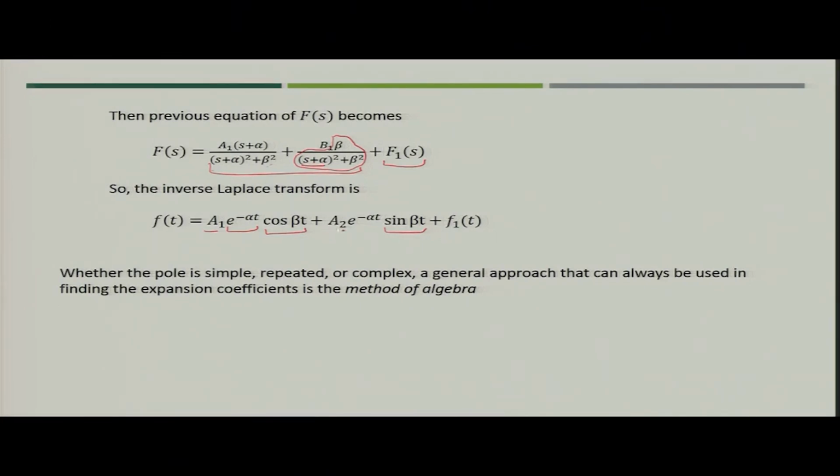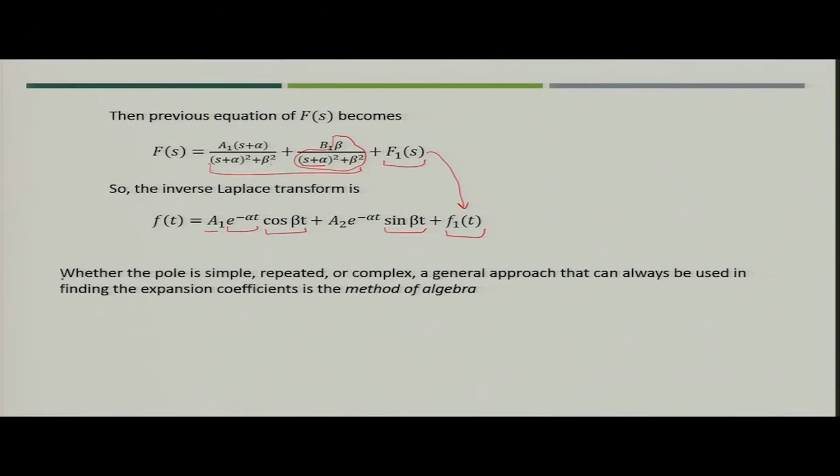So you will simply write a2 e to the power minus alpha t sin beta t plus some function f1(t), which is the inverse Laplace transform of F1(s). So when you have complex poles, you can rearrange the expressions in this particular fashion. Then you can easily find the inverse Laplace transform.